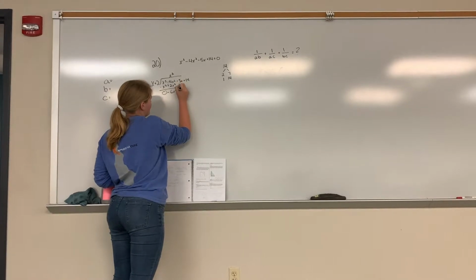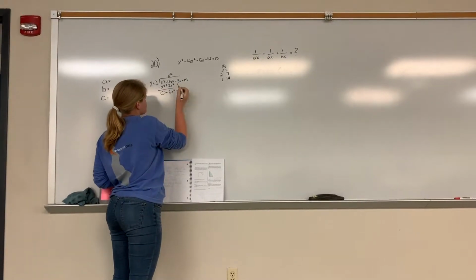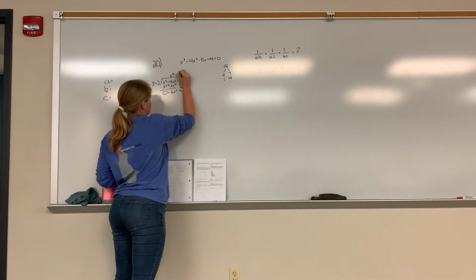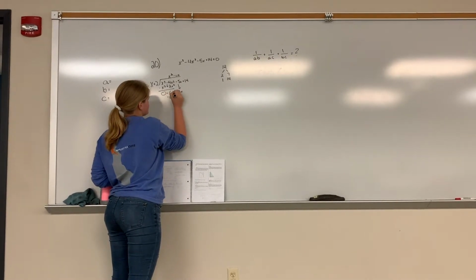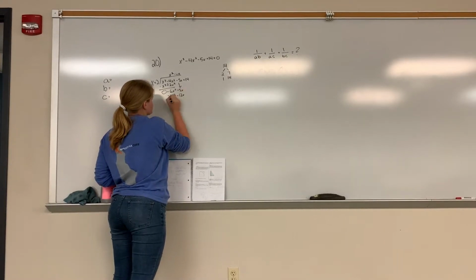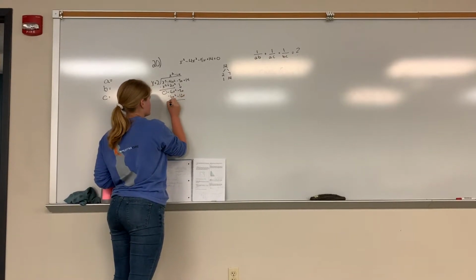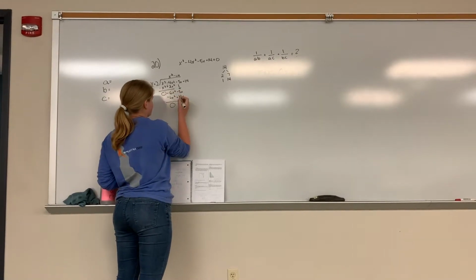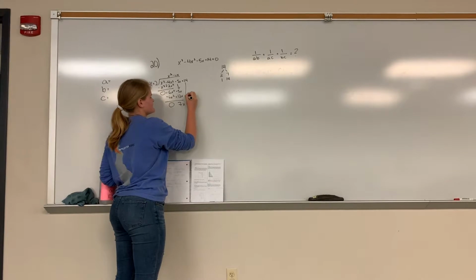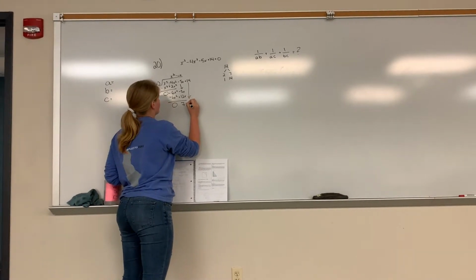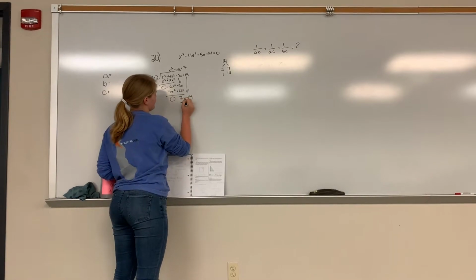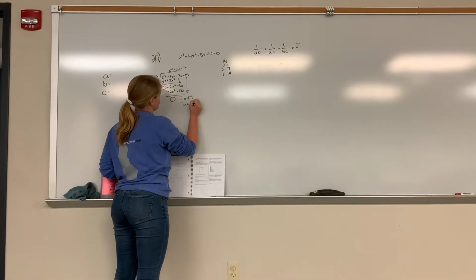Pull down 5x. Then you multiply by negative 6x and get negative 6x squared minus 12x. You'll get 0, and then 7x. So you pull down the 14 and multiply by 7. You get 7x plus 14, which is 0.